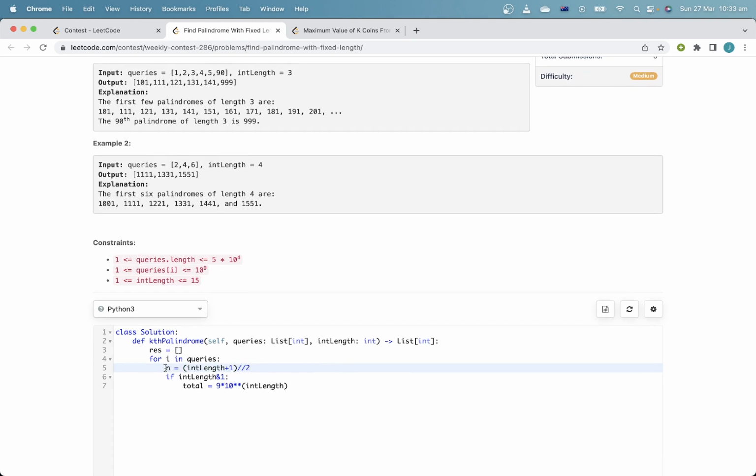I have to decide 10 to the n. If 9 times 10 to the n is greater than i, then stop and append -1. Otherwise, I don't think I need to separate the cases. I think I can do that.